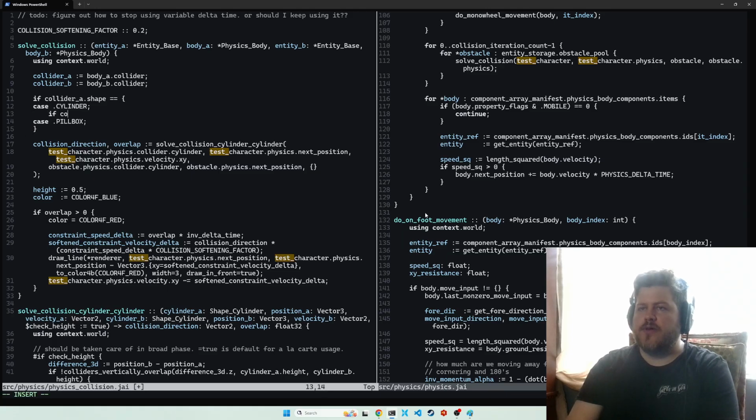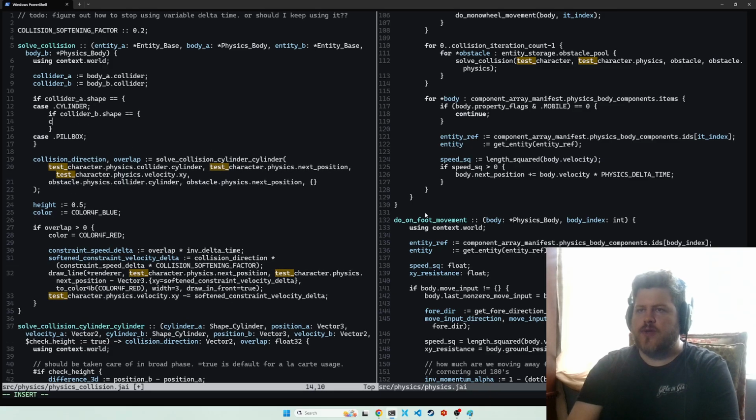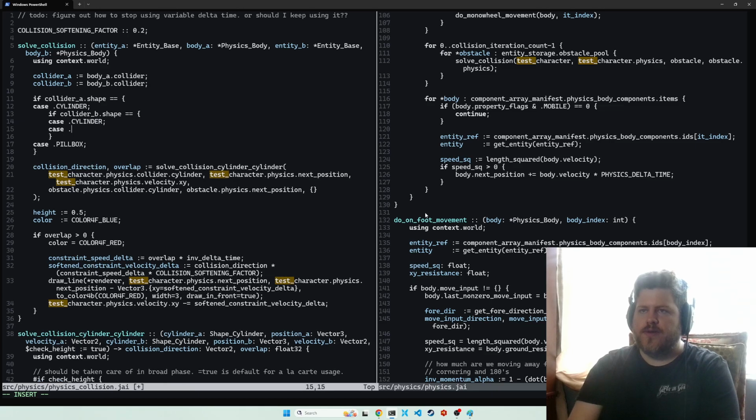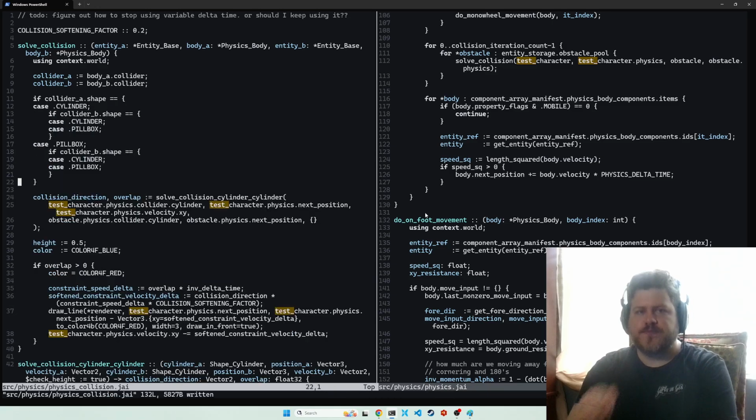And then if collider B dot shape is equal to, and again, case cylinder, case pillbox, for each of these cases, then that tells us which solving procedure to call.